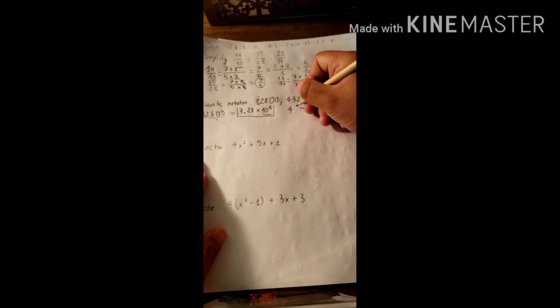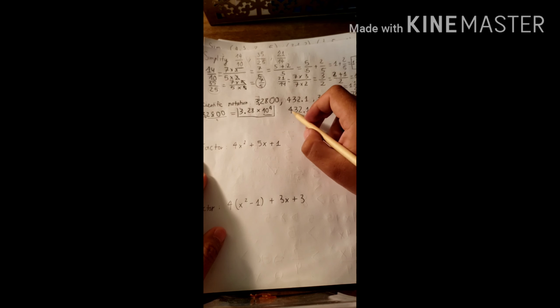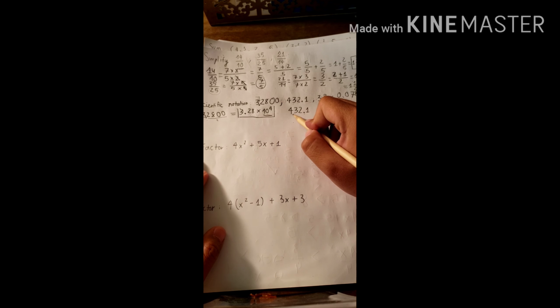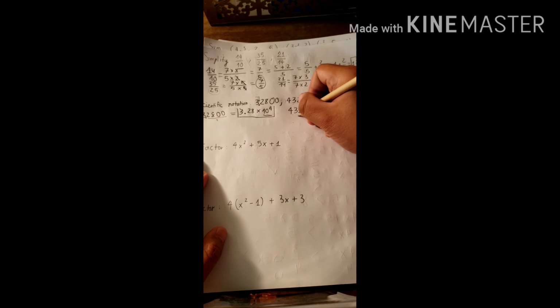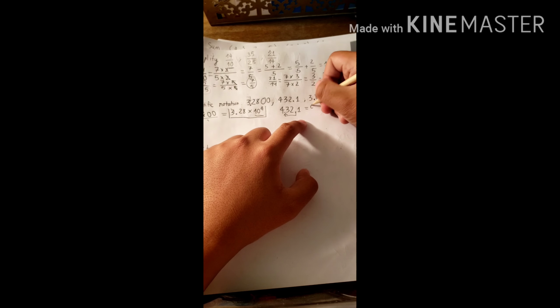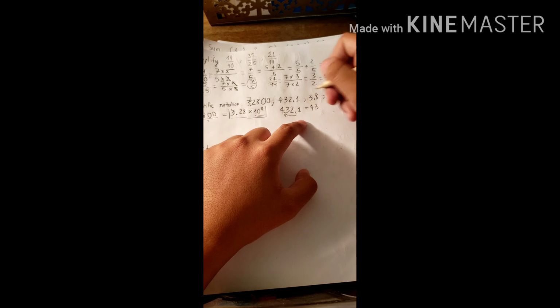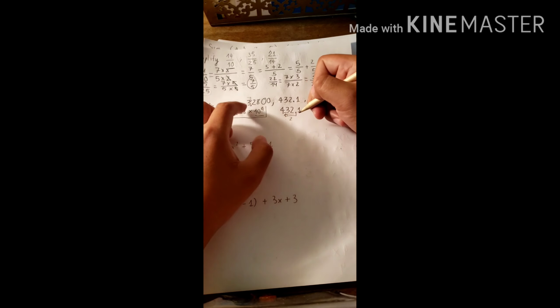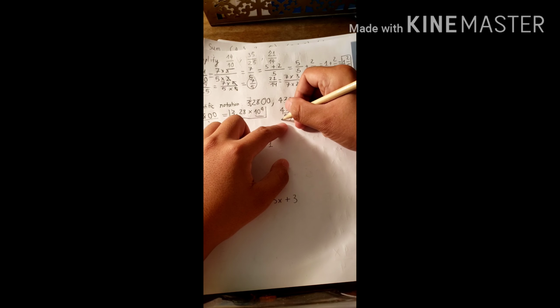The next one is 432.1. We have the decimal in here, but it is not scientific notation. We need to move the decimal. To move the decimal, we need to multiply by power 2, because the decimal moves 2 places to the left.